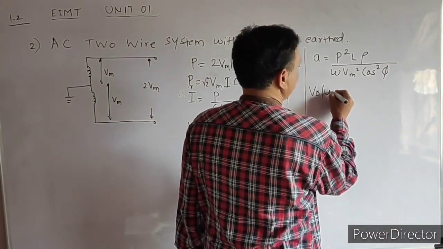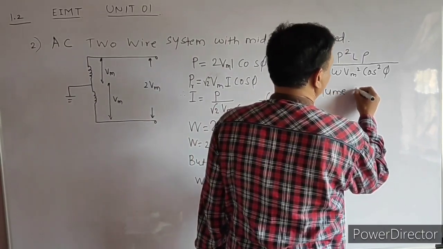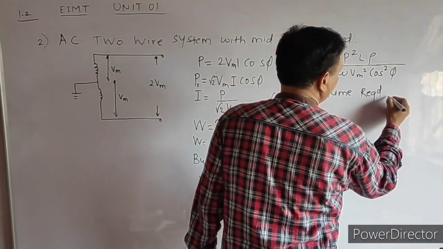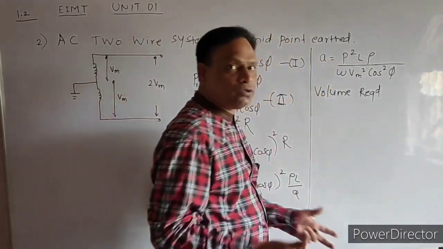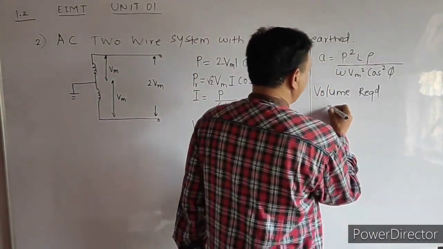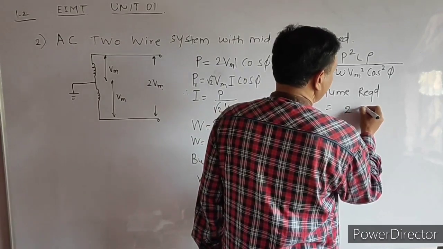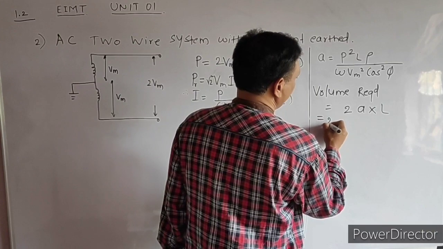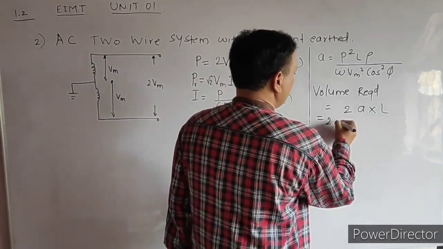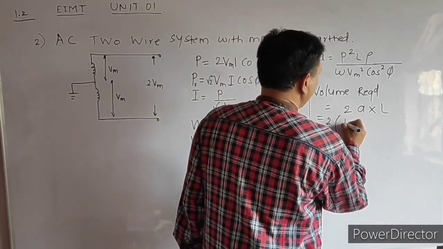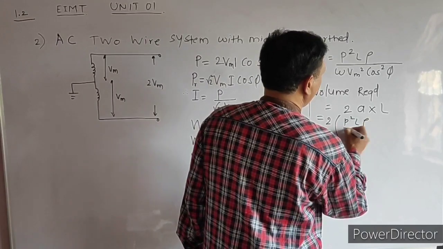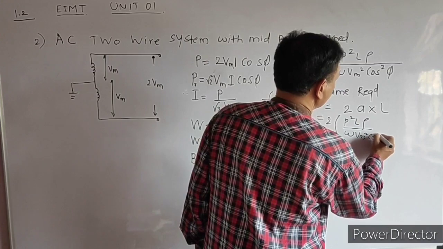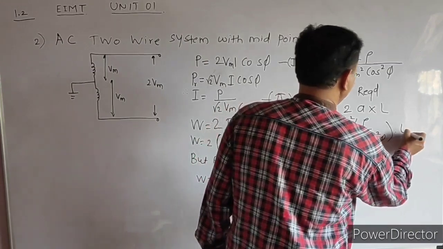Our intention is to find the volume required in case of this type of system. Volume required of whose? Conductors. How many conductors are there? 2. So volume is area into length. We'll write volume required will be equal to 2 times, putting the value of area as P square L rho upon W Vm square cos square phi, into L.